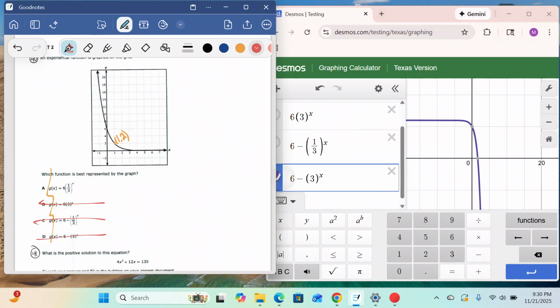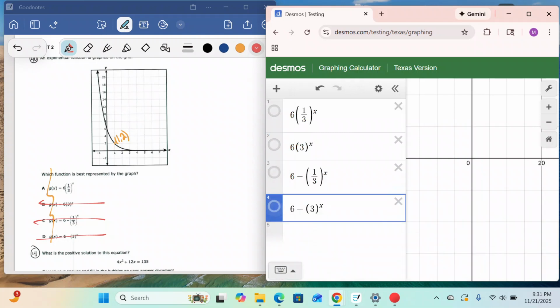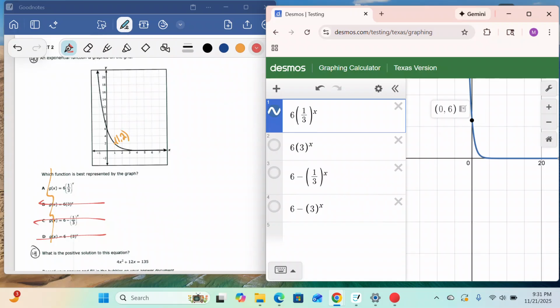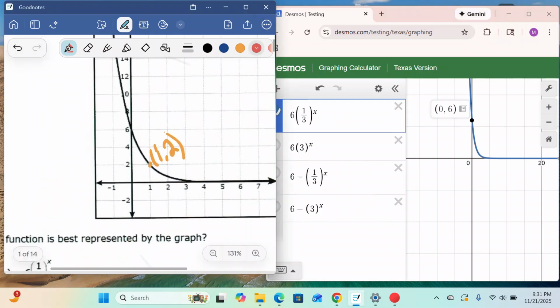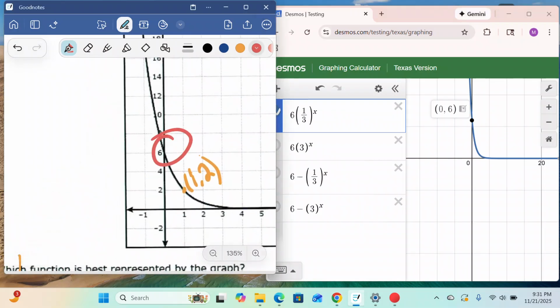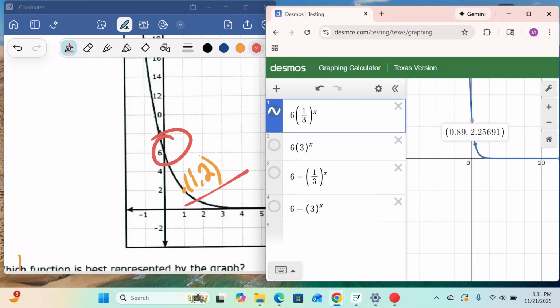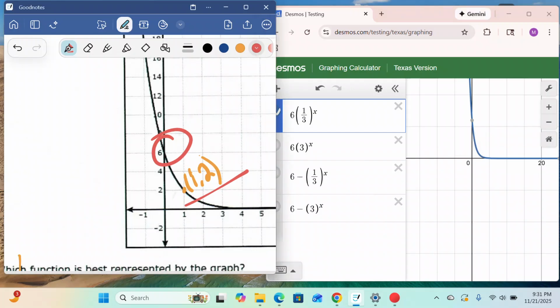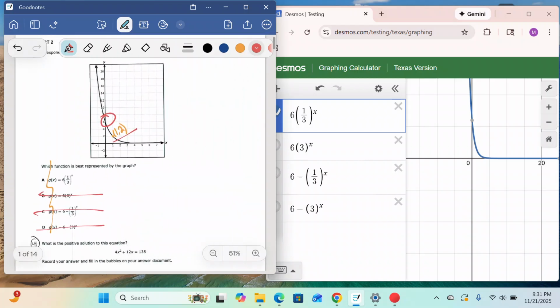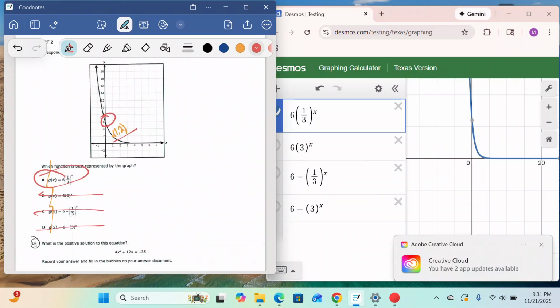So I'm going to look at the key features: the y-intercept, but we also have this (1, 2), and I want to make sure that it does have (1, 2). And there it is, (1, 2). So the correct answer choice is letter A.